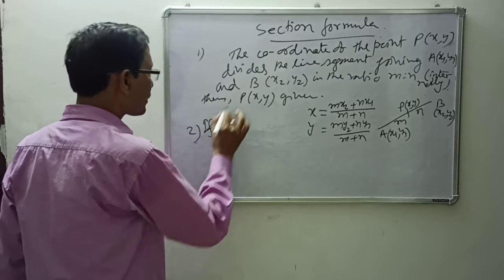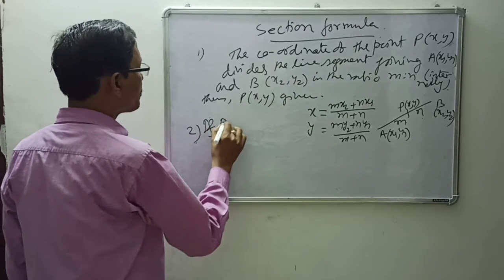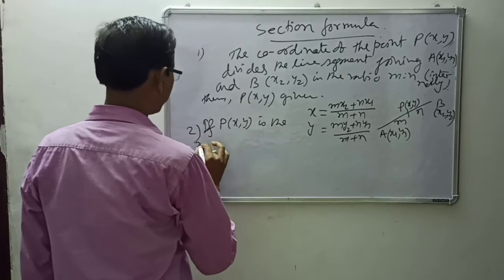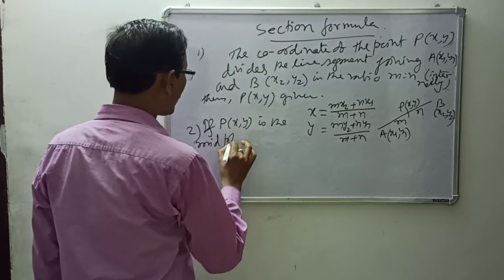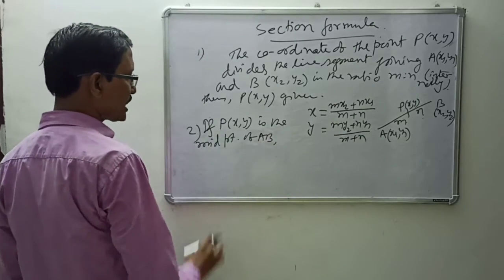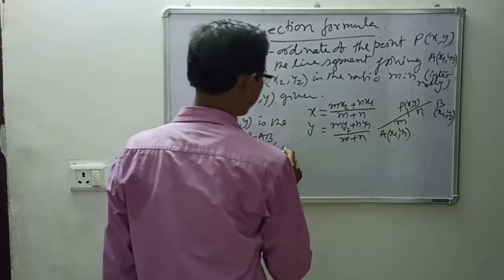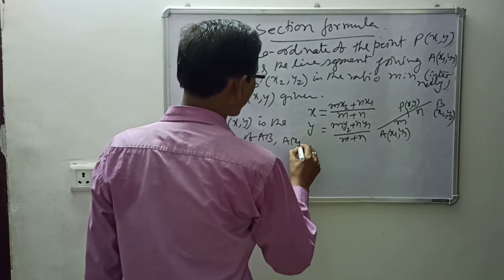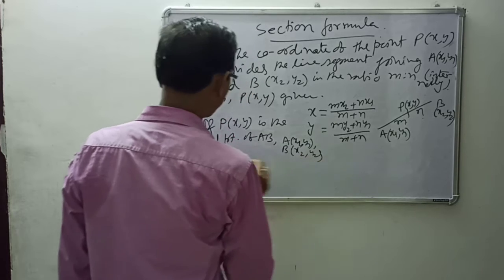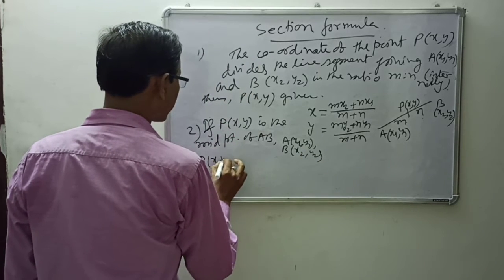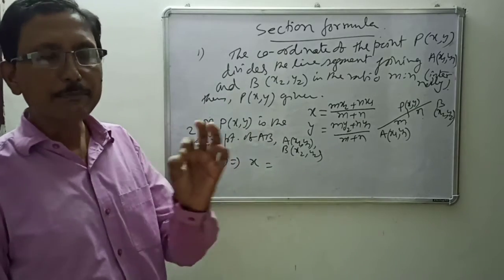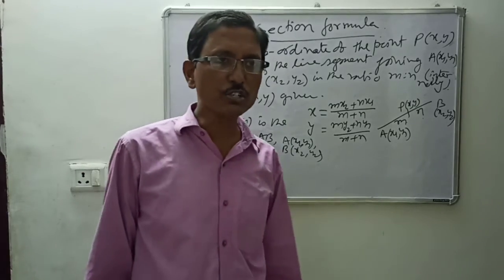From that point of view, if P(x, y) is the midpoint of the line segment AB, where A is (x1, y1) and B is (x2, y2), then the coordinates of P, the midpoint, will be given by... Midpoint means what?